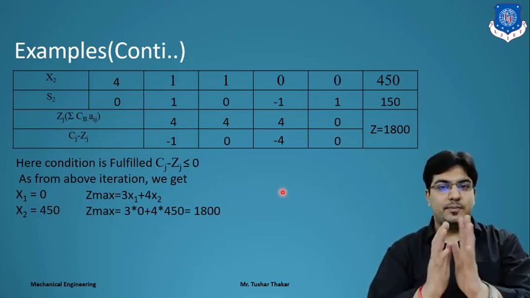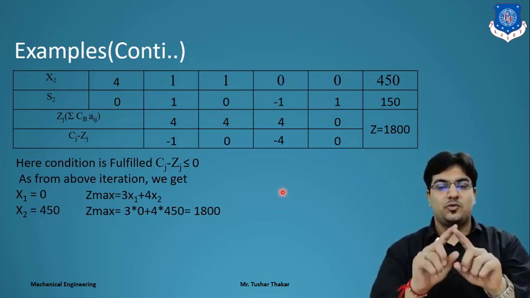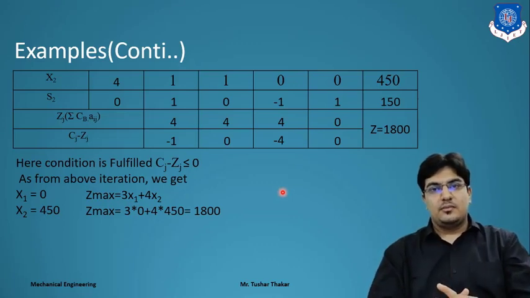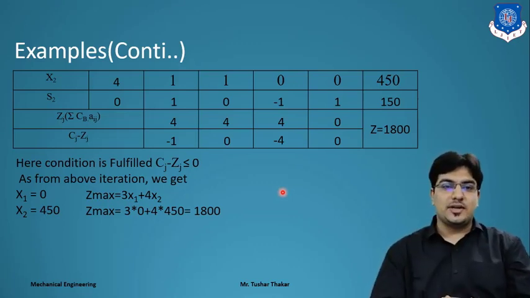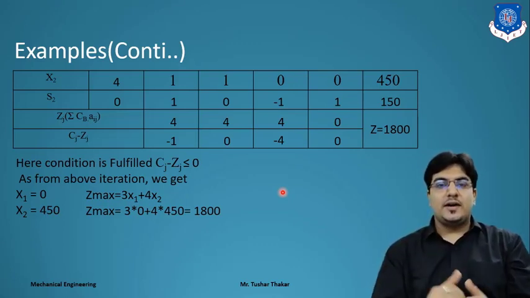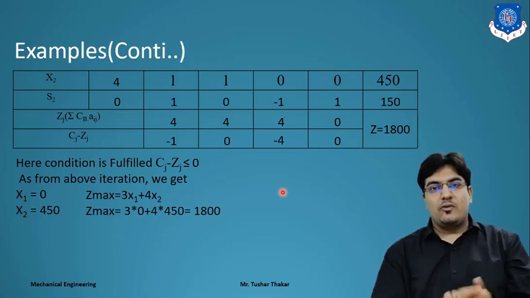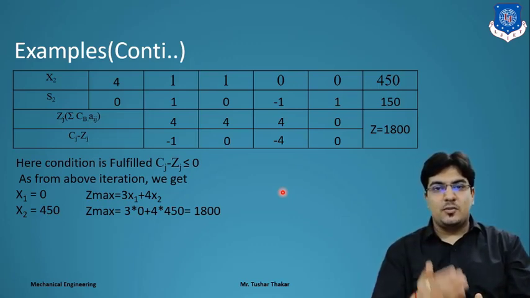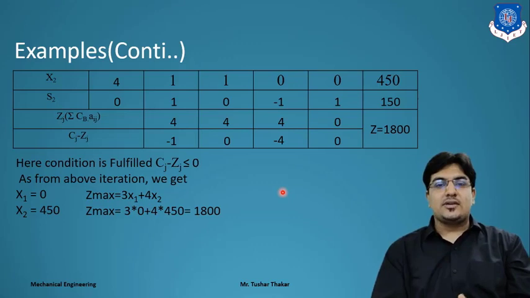What do we have to do in the simplex method? First we make one table by taking the coefficients of the equations, and after that we find out the Zj, and next in Cj minus Zj we find some different values. Now we check for the maximization problem: if Cj minus Zj is less than or equal to 0, then the problem is solved.